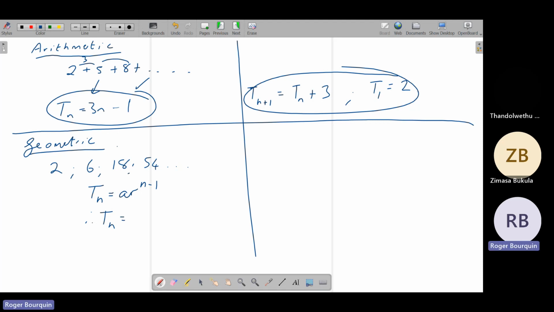What is a equal to? It's 2 times 3 to the n minus 1. You cannot multiply that 2 and that 3 together.